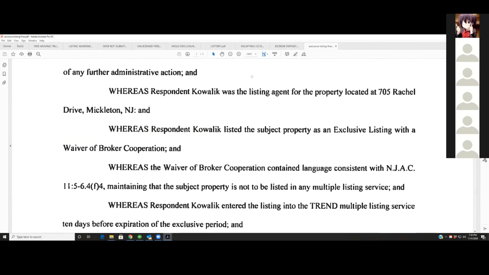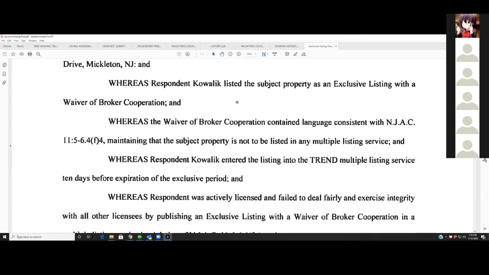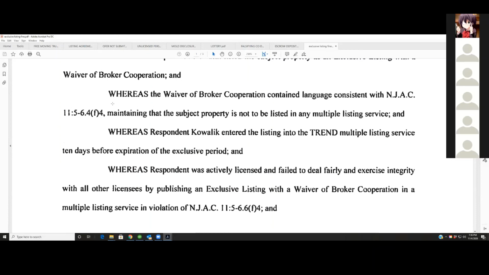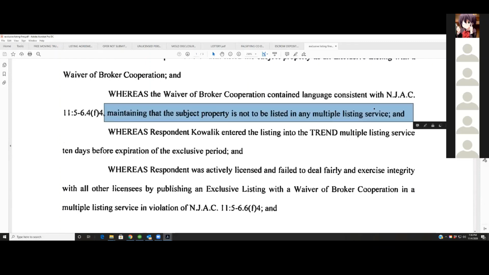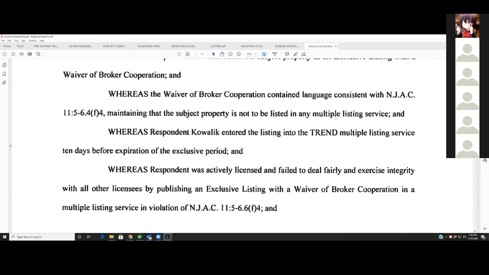So she was a listing agent for such property. She listed the property as an exclusive listing with a waiver of broker cooperation. Now, in here, the broker cooperation waiver says you have to maintain the property not listed in the multiple listing service or any other listings.